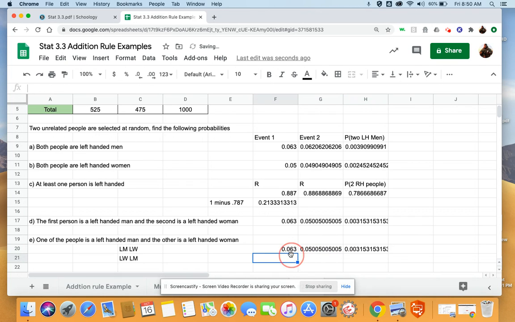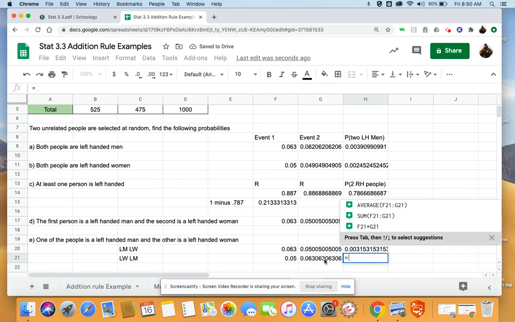Now, left-handed woman, that's going to be 50 divided by 1,000. Left-handed man, that's going to equal 63 men still remaining in the study out of 999 people remaining total. Just that decimal, and we are going to multiply those two numbers.